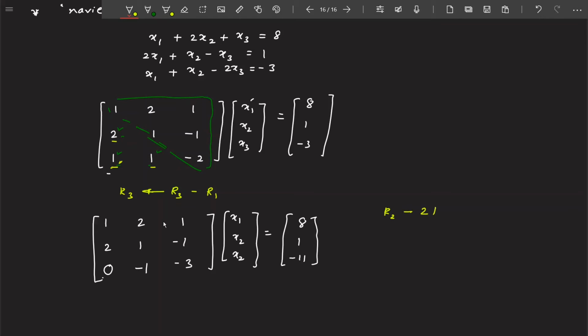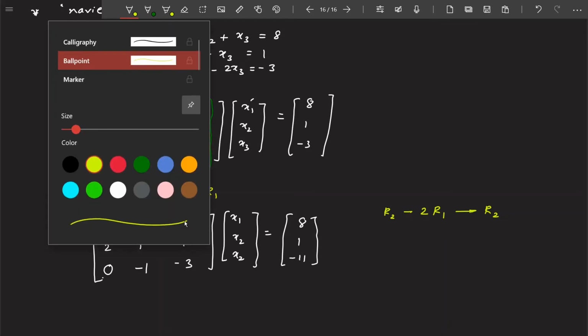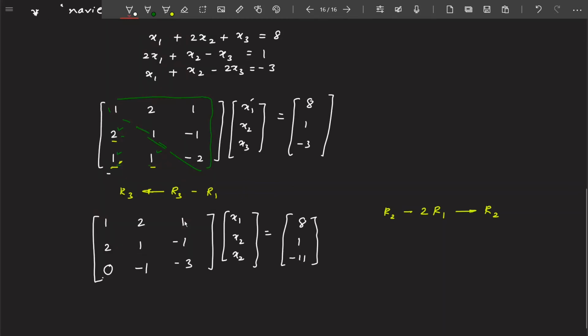If I multiply it by 2, what I'll get here is 0, and I am going to put that value in R2. This is how you should write down your transformation. So let us write it down. We have space here. Let's use this space.